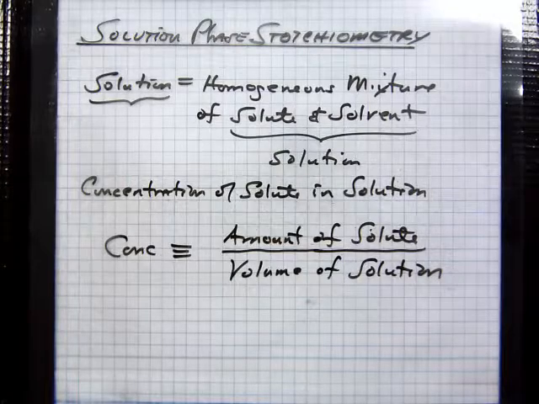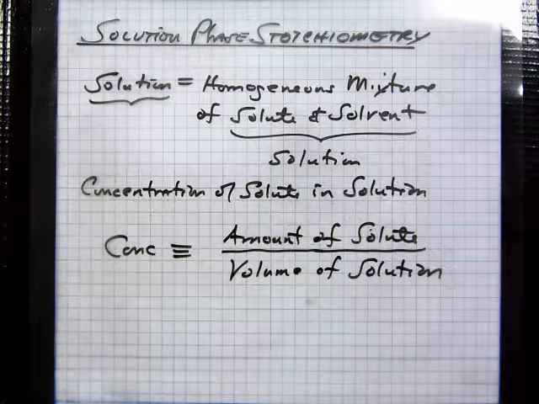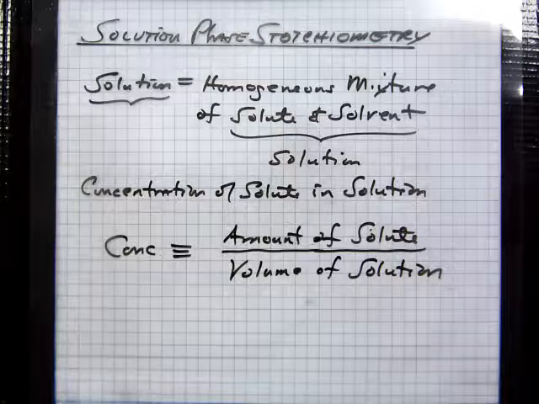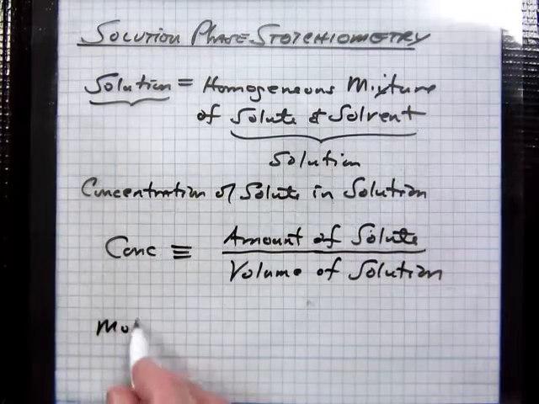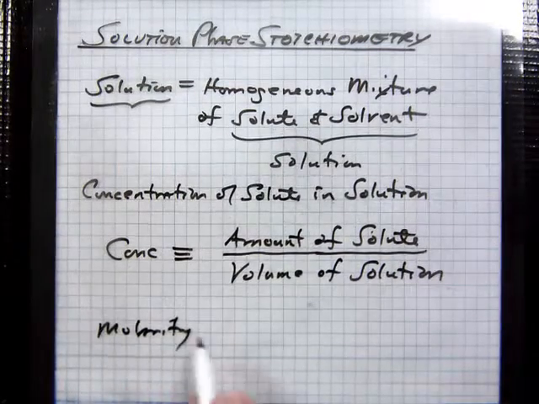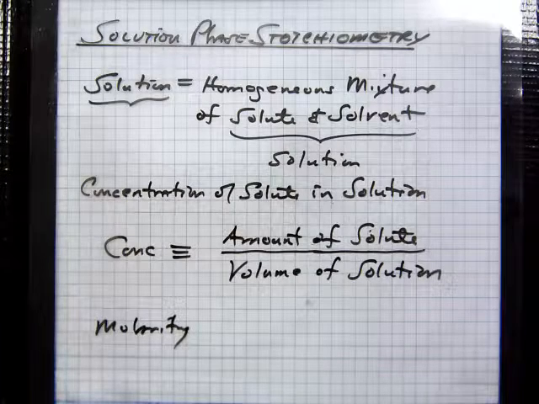The most common concentration term in chemical stoichiometry is molarity. Molarity is not moles. Molarity is a concentration term.